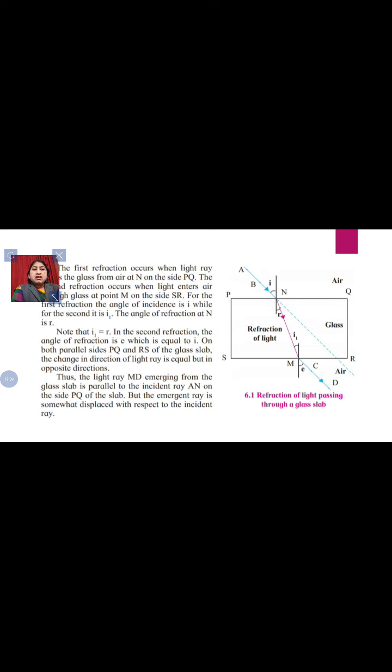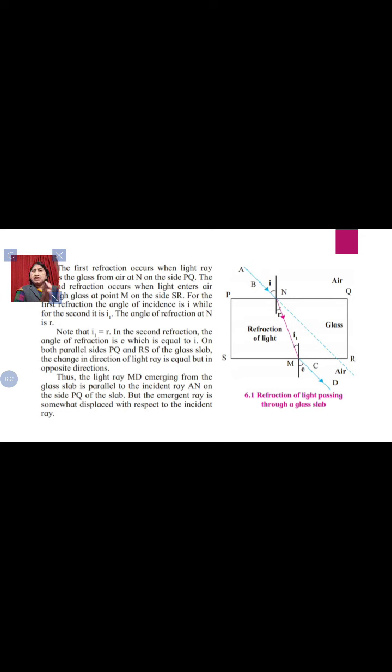That means glass is a medium and air is a medium. These two are different mediums, and we know the definition of refraction of light. That is, light changes its direction when it passes from one transparent medium to another transparent medium.